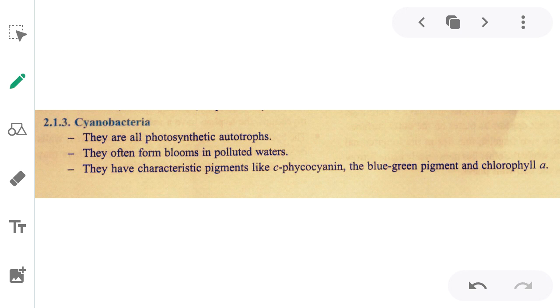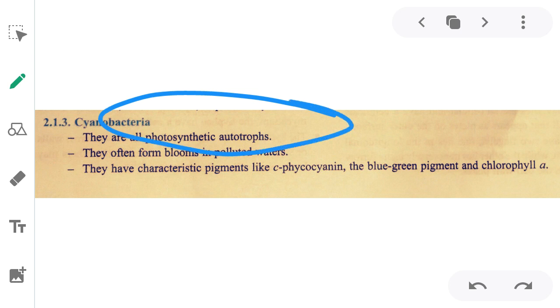We have already discussed this. Cyanobacteria are bacteria which are photosynthetic autotrophs. They perform photosynthesis.